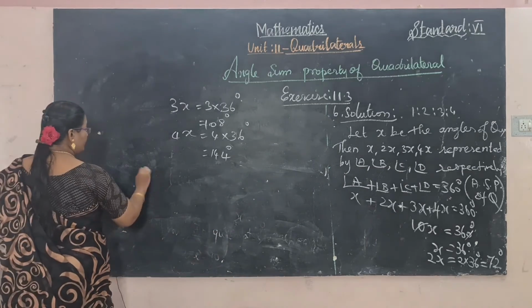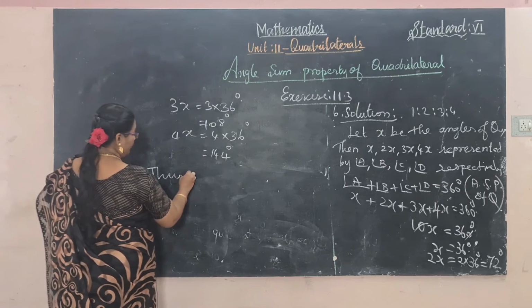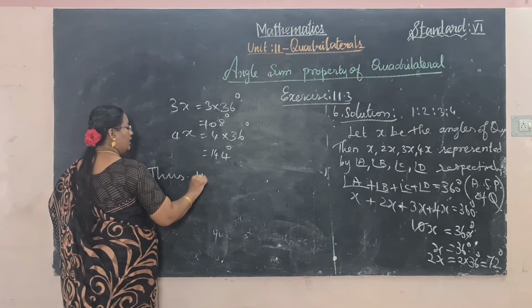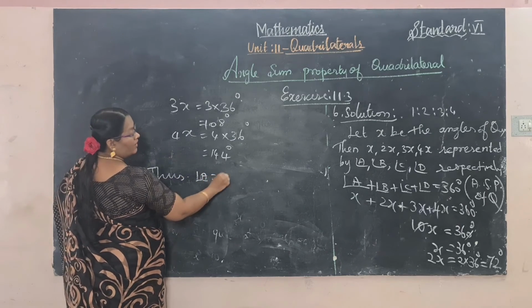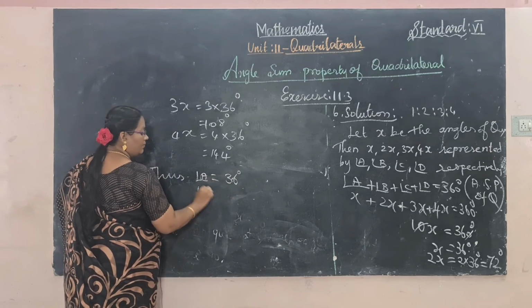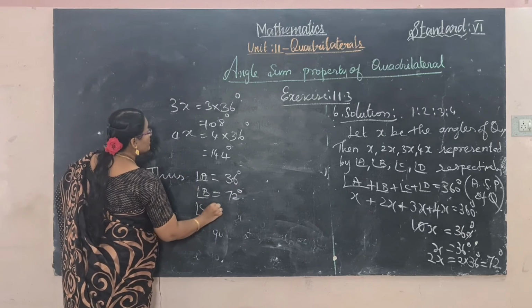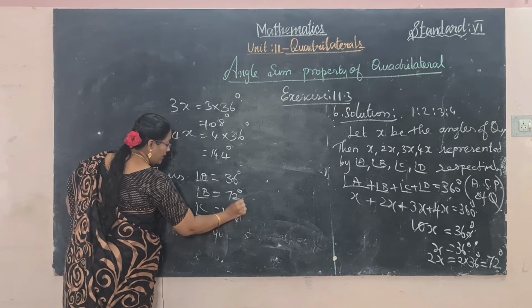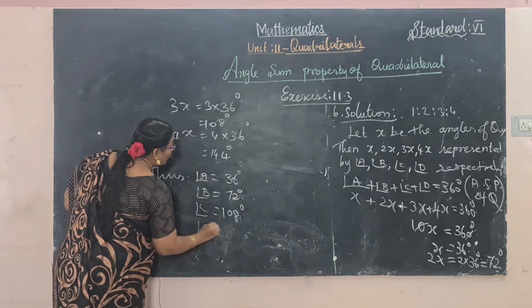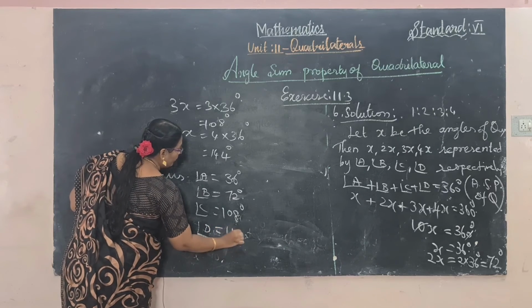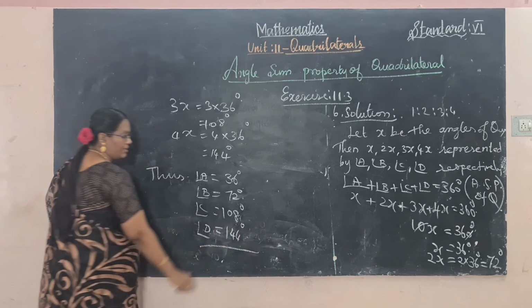Thus angle A is 36 degrees, angle B is 72 degrees, angle C is 108 degrees, angle D is 144 degrees. That's it.